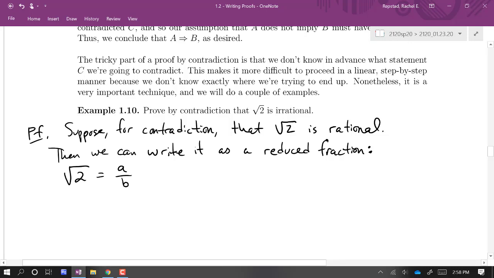Yeah, so what makes it really reduced is that there are no common factors left. You put it in the smallest state possible. What makes it reduced is that it can't be reduced any further, and what's true about a and b, when you compare them, is that they have no common factors.